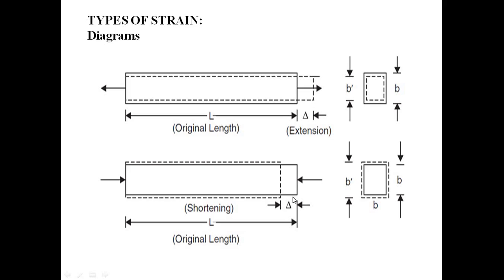As the length decreases, due to the compressive strain the cross-sectional area is increased. So this is about the strain diagrams of tensile strain and compressive strain.